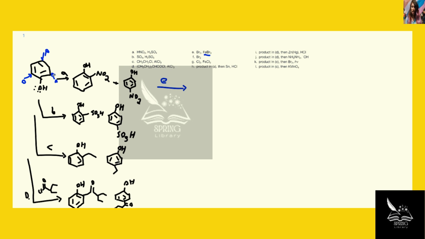A consequence of that is that you will get polybromination, so bromination at all your available directing sites, both the ortho and para sites.